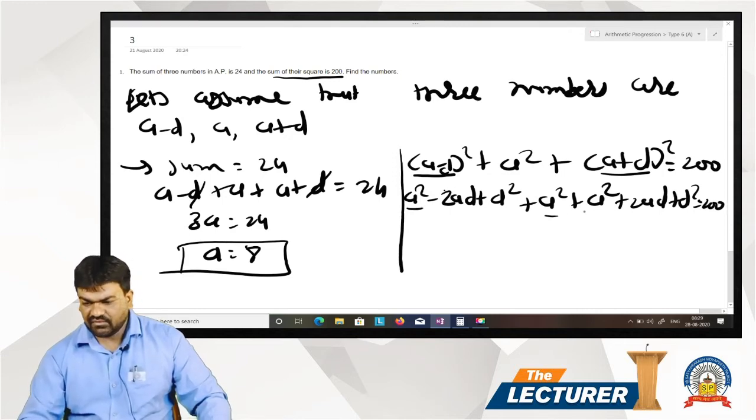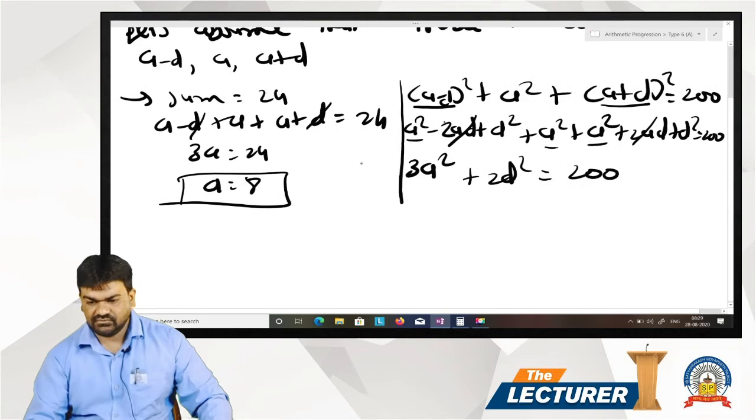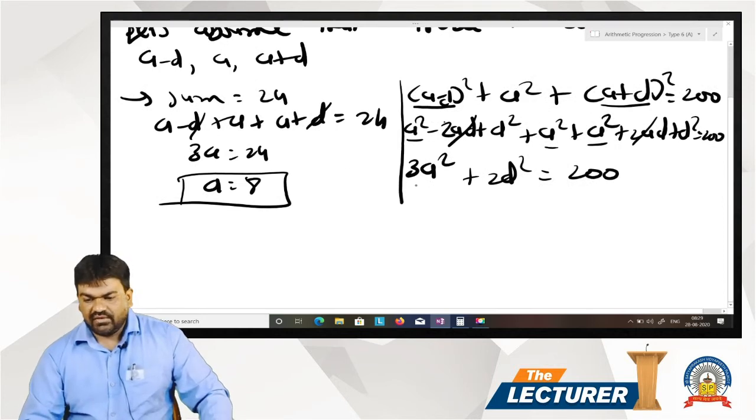The 2ad and minus 2ad cancel. 3a square plus 2d square is equal to 200.